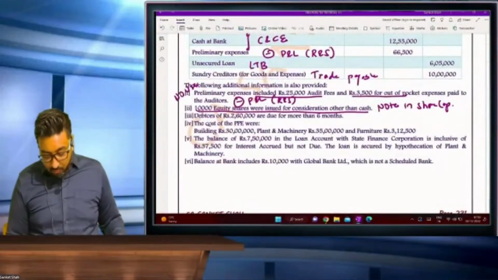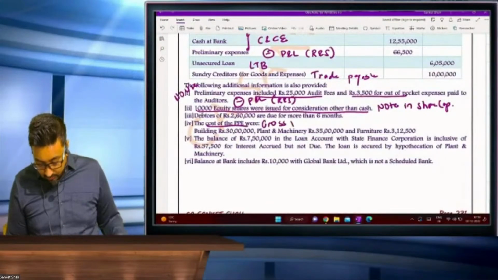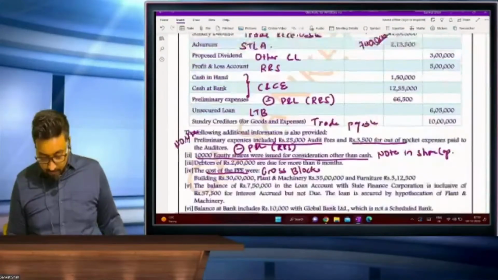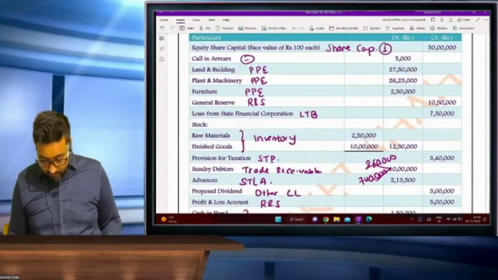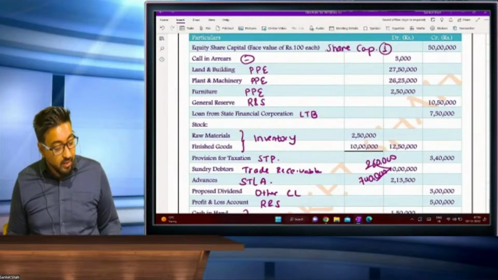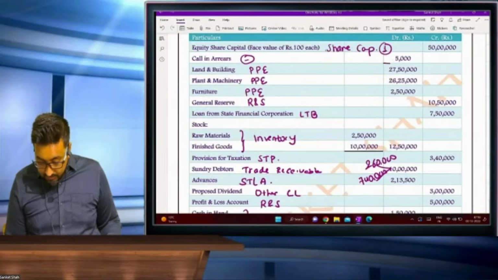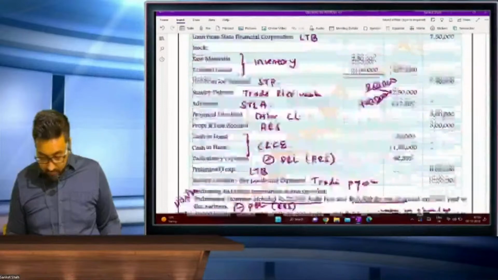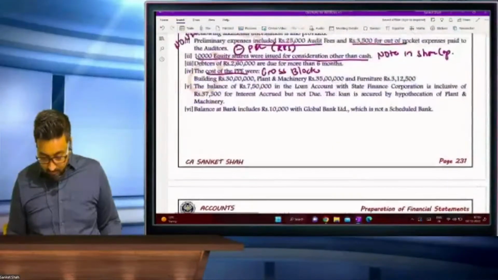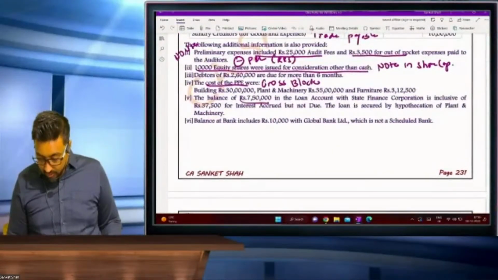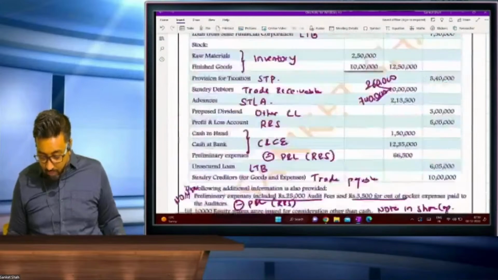The cost of this is gross block. This is net block. 7,50,000 loan account with SFC is inclusive of 37,500 for interest accrued but not due.